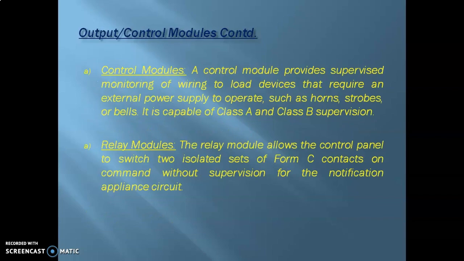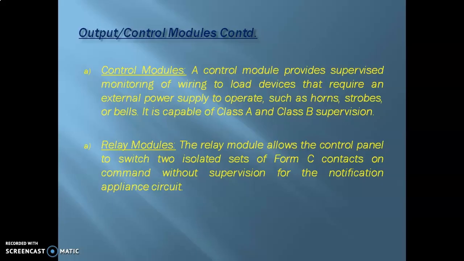So let's start with the control modules. A control module provides supervised monitoring of wiring to load devices that require an external power supply to operate, such as horns, strobes, or bells. It is capable of Class A and Class B supervision. Basically, this means you can connect devices such as horns, strobes or bells and program the control modules to activate these devices under certain conditions.